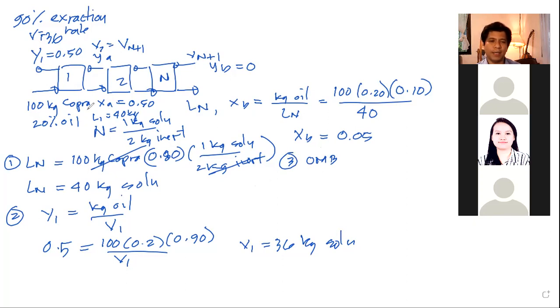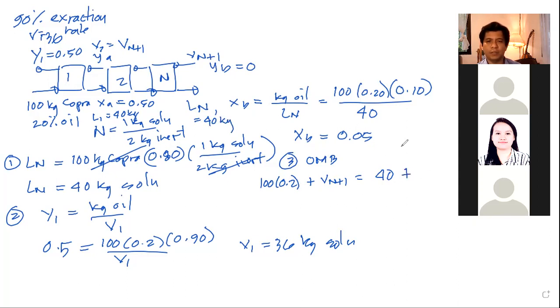Okay, ganun pa rin. Kamukha ng leaching kanina. Sa overall mass balance, yung oil lang yung i-consider natin diyan sa sum inert. So, 100 times 0.2. Tapos dito, yung Bn plus 1, pumapasok kasi. Tapos yung lumalabas, yung Ln natin ay 40. It's 40 kilogram. Do you have any question at this point?